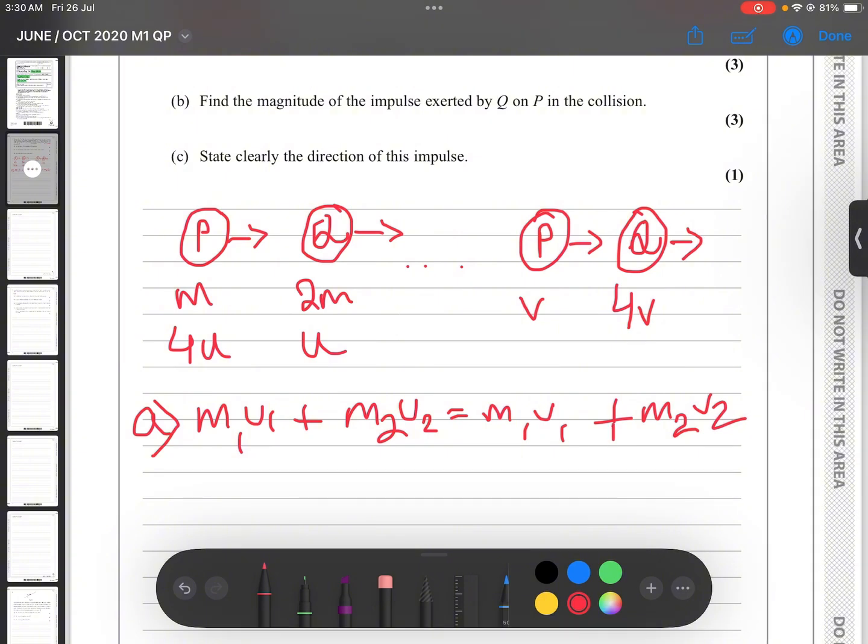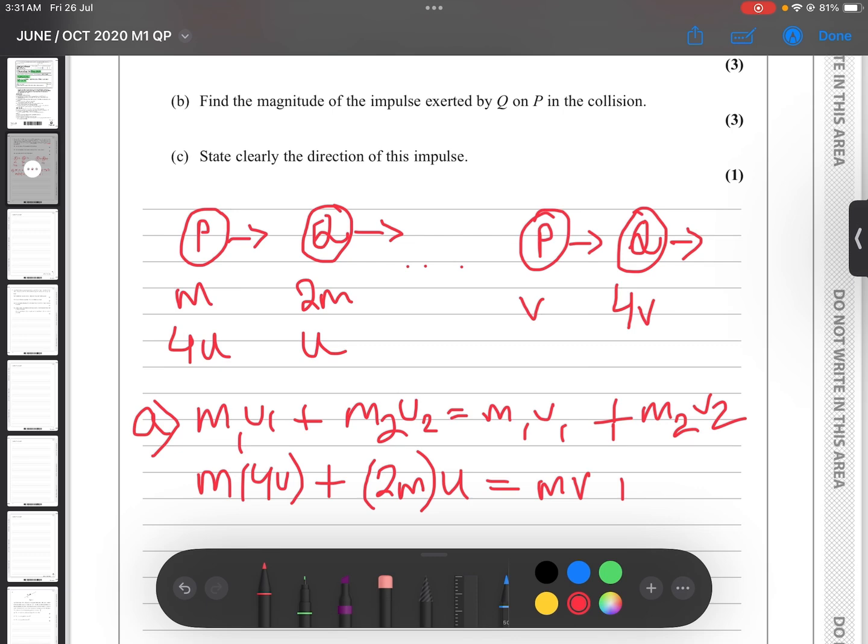So m1u1 is going to be initially particle P. M1 is going to be m, this is going to be 4u, plus m2u2 is going to be for particle Q, so it's going to be 2m, and its velocity is u, equals m1v1 is now the final for particle P. So its mass is m, and we considered velocity as v.